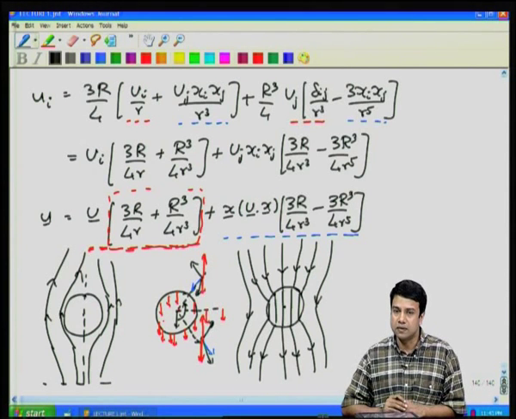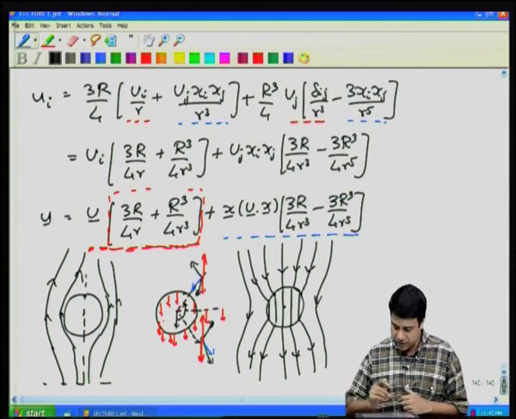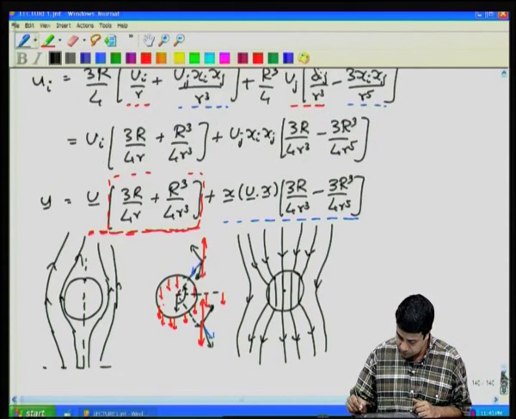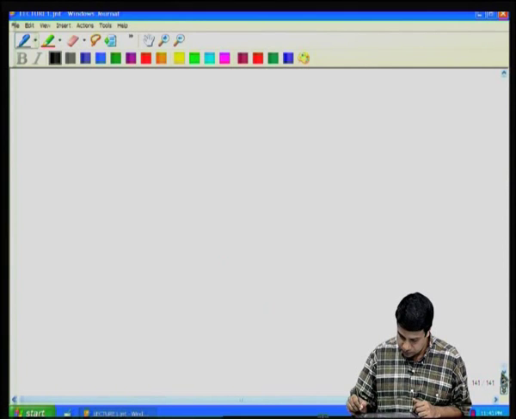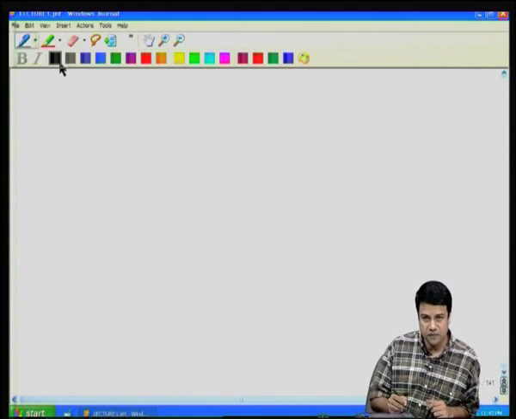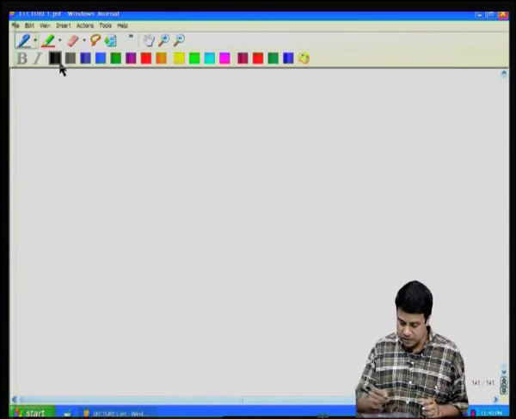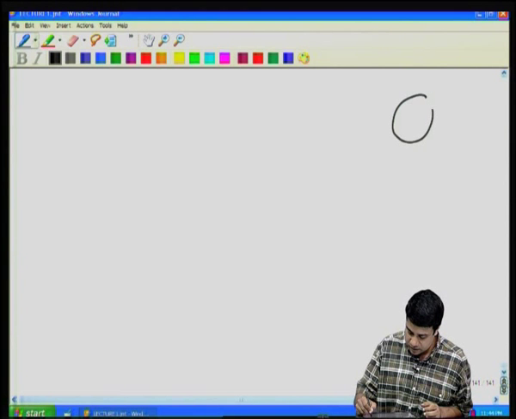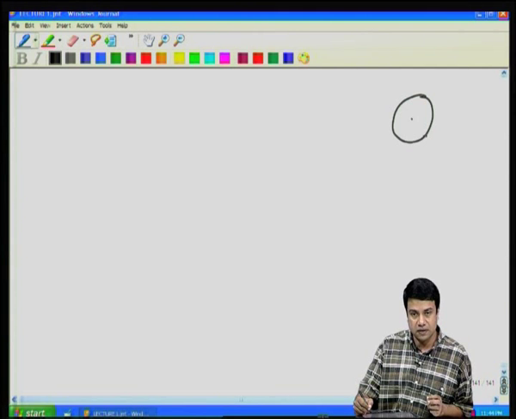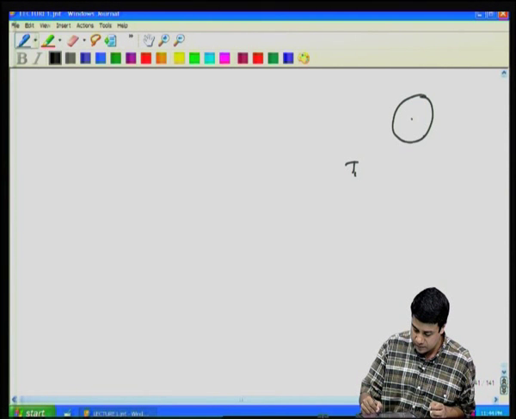How do we calculate the force on the sphere? As you know, the net force is the integral of the force at each point on the surface. At each point on the surface, there is a stress that is exerted. The stress is equal to minus P delta Ij plus mu partial xi.